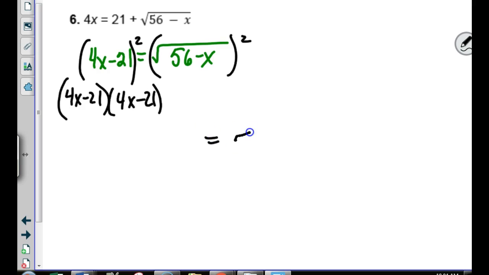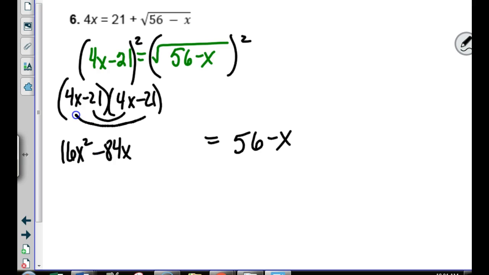And then the right-hand side is just 56 minus x. Okay, 4x times 4x, 16x squared. This would be a negative 84x. And another negative 84x. Plus what? Negative 21 times negative 21 is 441.